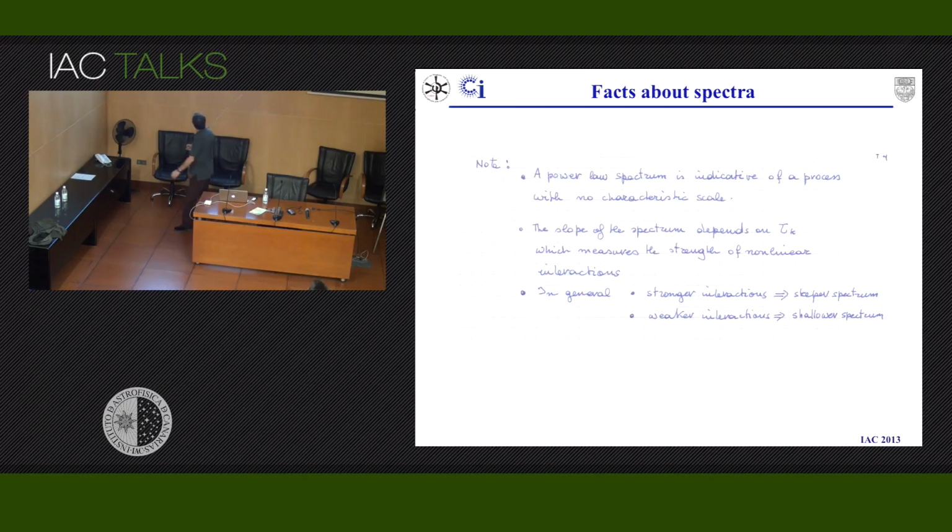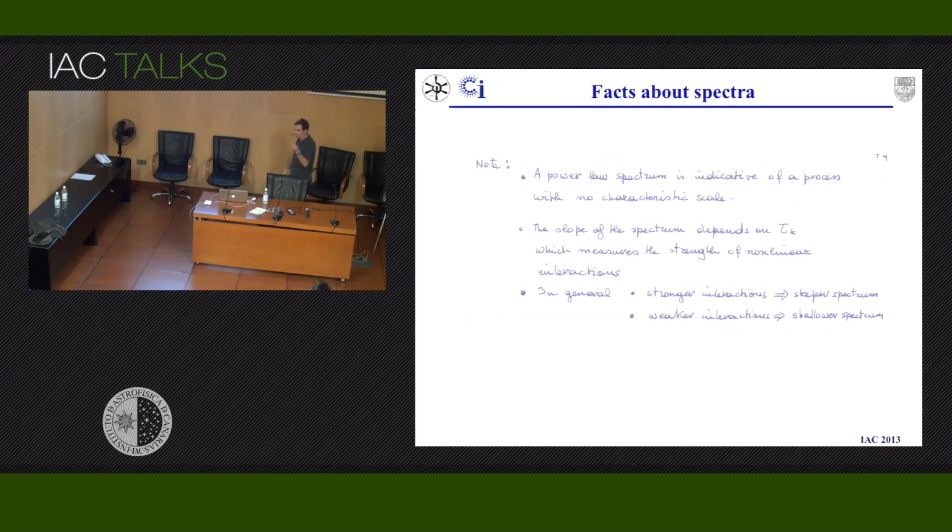scale free. Now, if you go back and check the way that I derived this, you will notice that the time tau that I put in there measures the strength of nonlinear interactions. A turnover means the nonlinear interactions are very strong. In one turnover, they completely destroy an eddy.